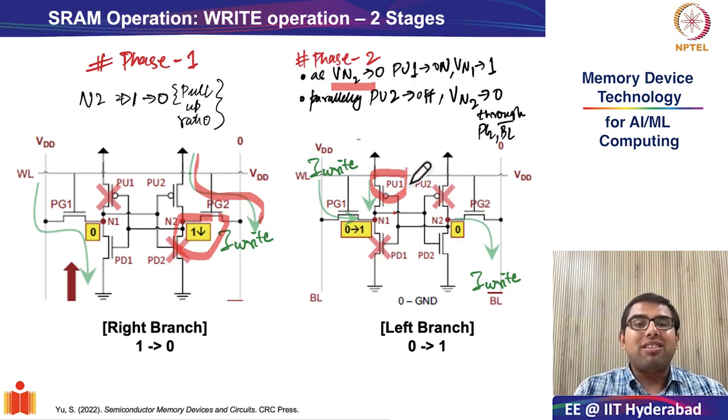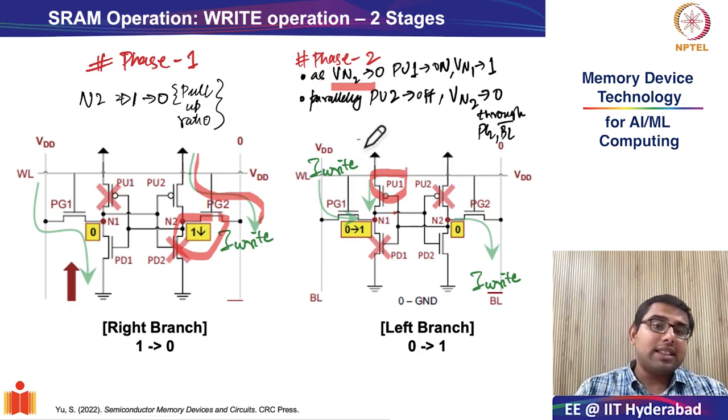Remember, earlier the pull-up 1 transistor was off because the storage node 2, which is the input to the pull-up 1 and pull-down 1 transistor, was 1, but now it has turned closer to 0.